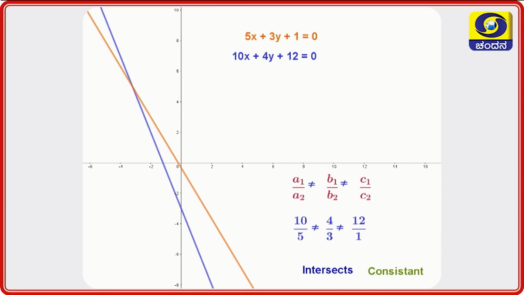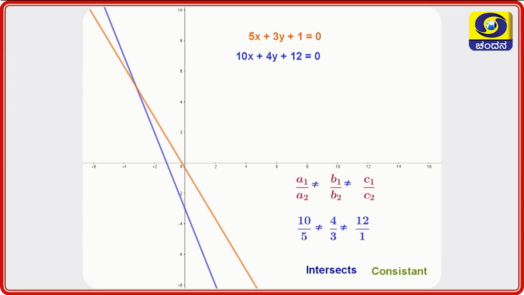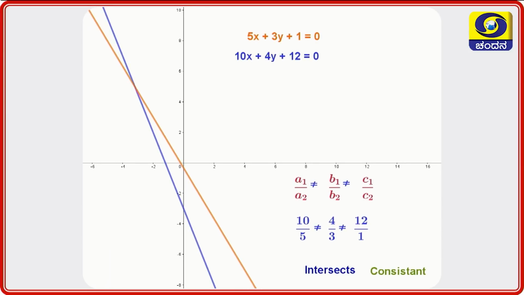Observe here. a1/a2 is not equal to b1/b2, then those two straight lines will intersect and the equations will have consistent values. Observe here, children.